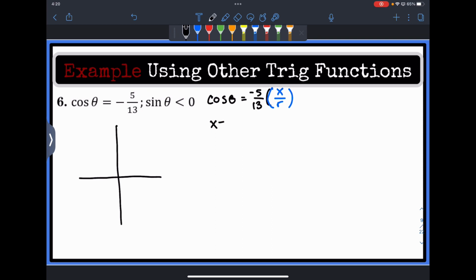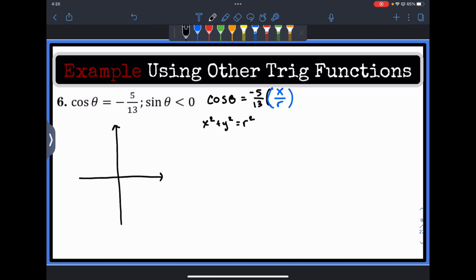To figure out the value of y, in order to see which possible quadrants we're going to be in, we're going to use x squared plus y squared equals r squared, where r is 13.